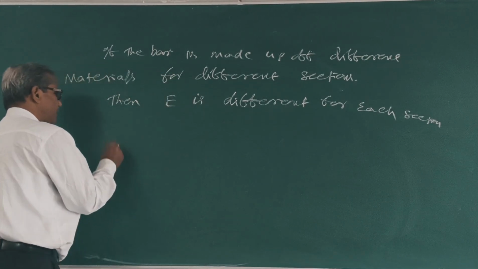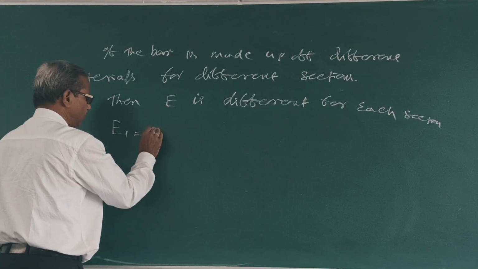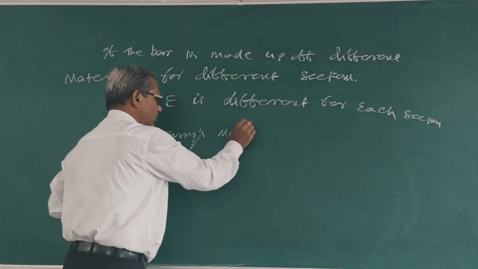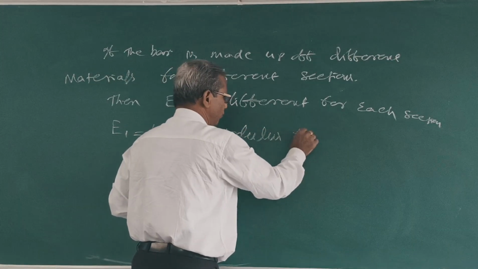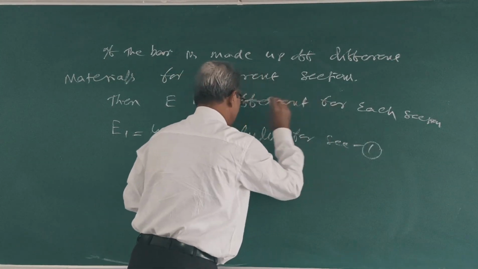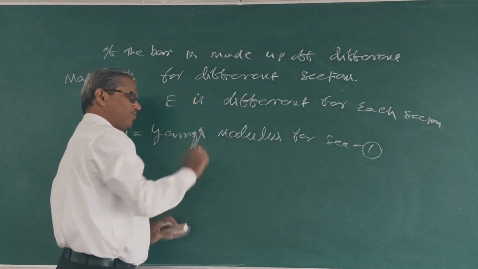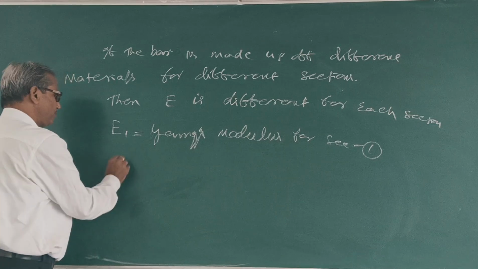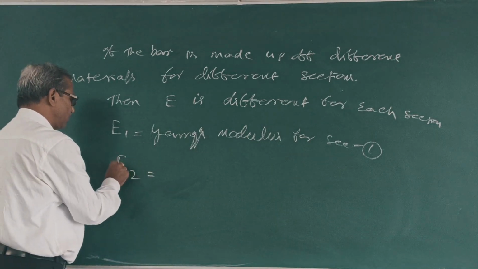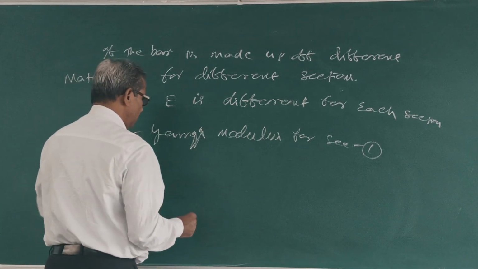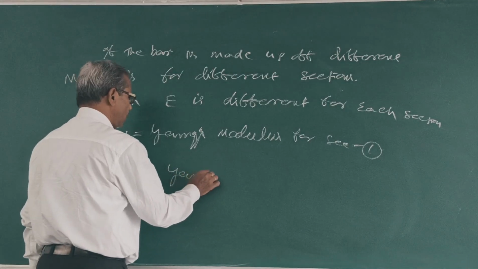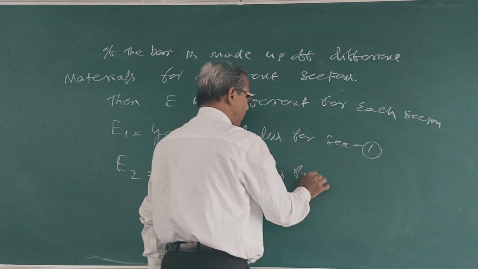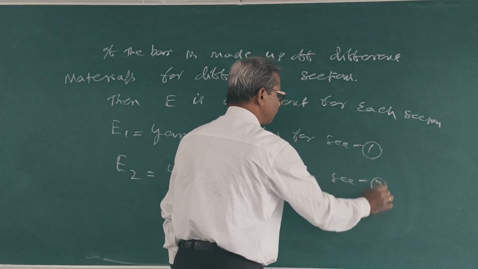E is different. That means E1 is the Young's modulus for section 1. Clear? Similarly, E2 is the Young's modulus for section 2.